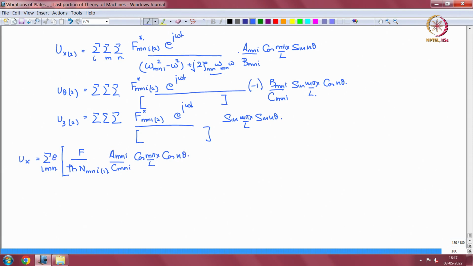I will put e to the power j omega t here, divided by the frequency term. That is from the first set.